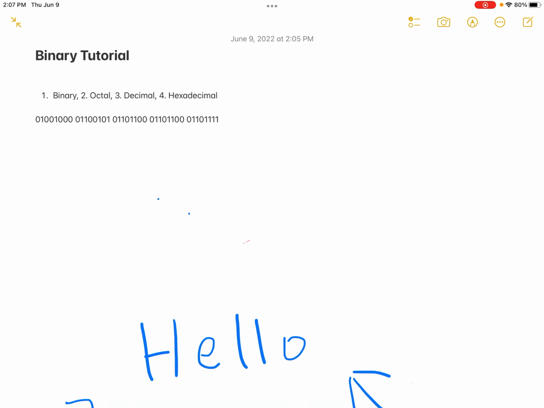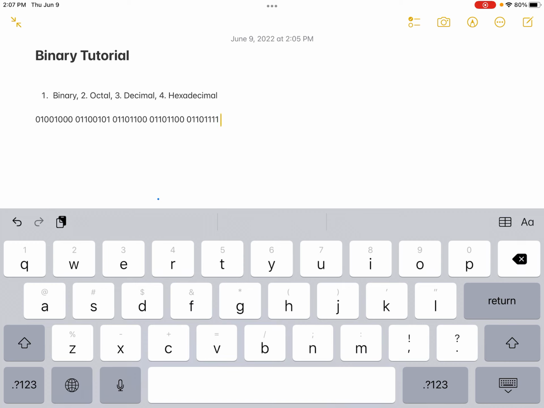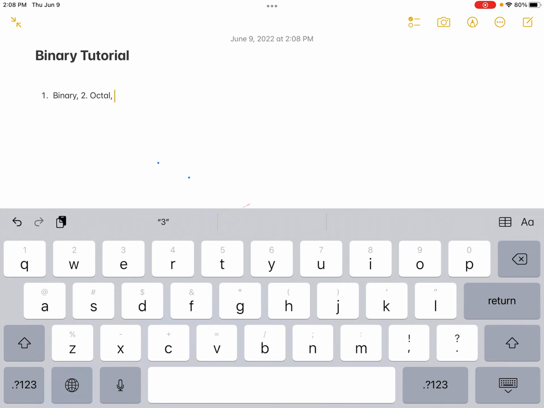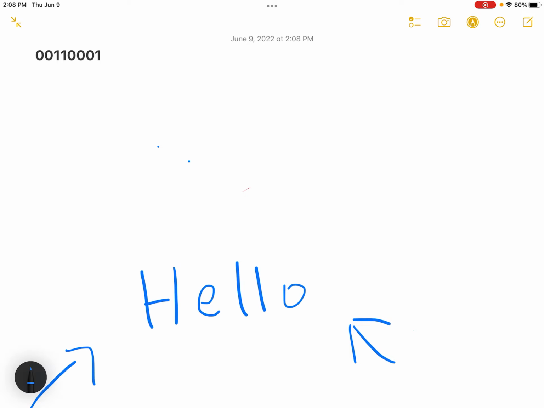As I said before, you have to follow the pattern. Let me remove all of this. Let me copy that binary code and follow the one we used before.